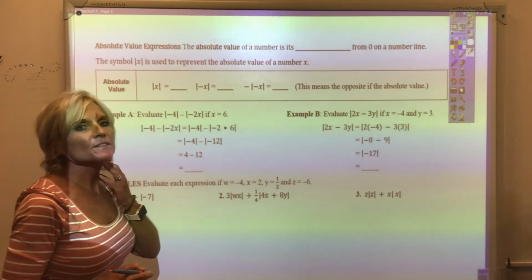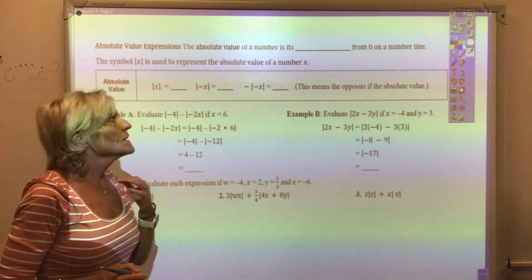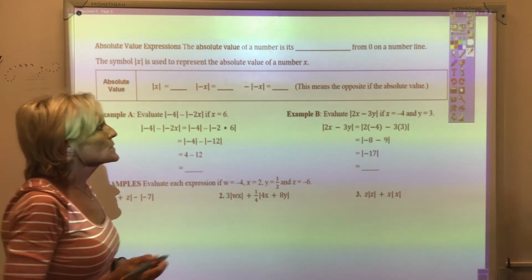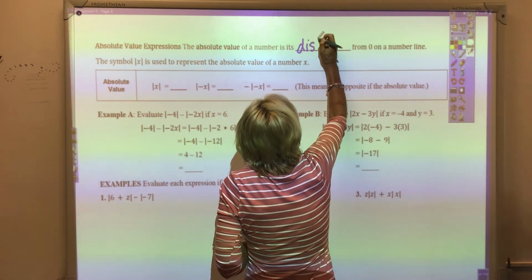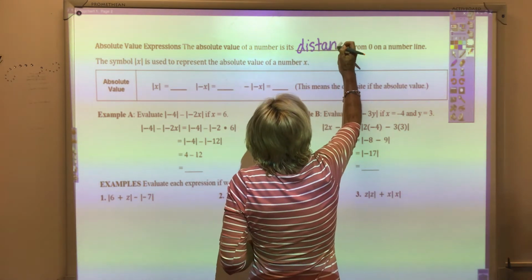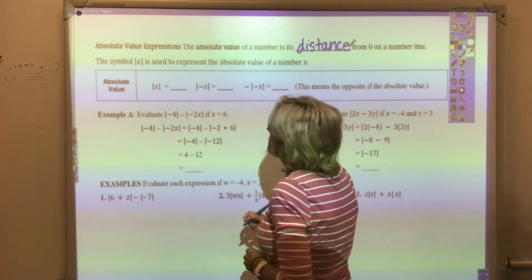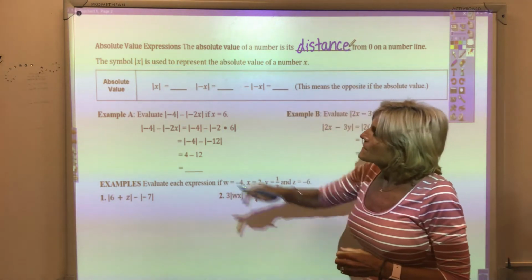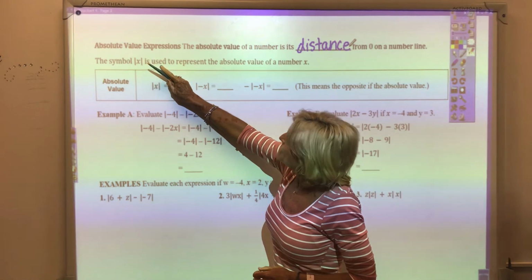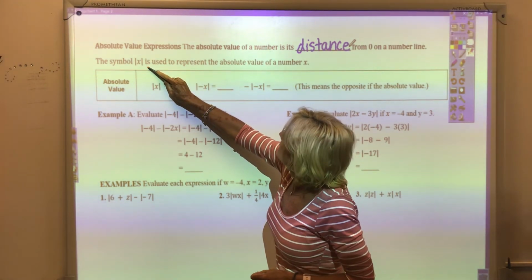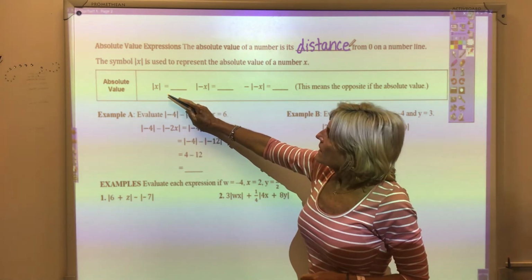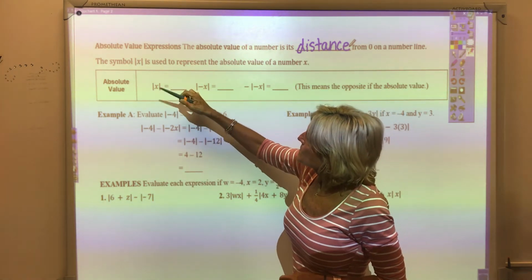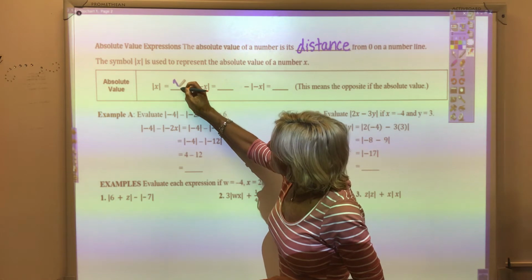Okay, so today we're going to talk about the absolute value. The absolute value of a number is its distance from 0 on a number line. Here's the symbol that's used to represent the absolute value of the number x. The absolute value of any number or term is positive.